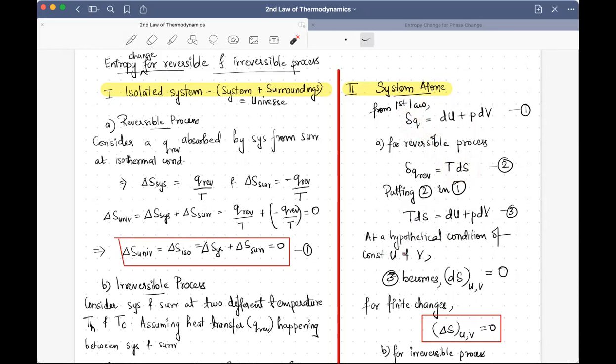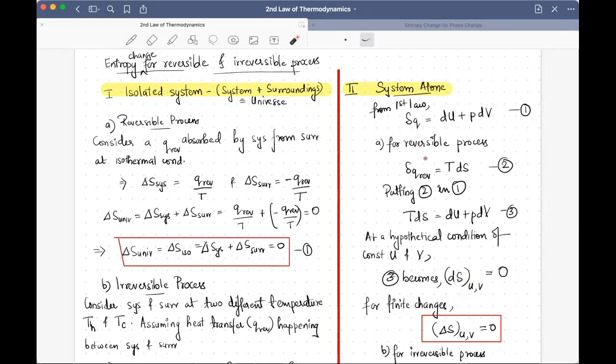And now, if we consider a hypothetical situation where you have the internal energy and volume constant, in that case, these terms would come out to be 0. And therefore, this equation 3 will reduce to dS. Only the dS term would be left. So dS, where the subscripts imply that internal energy and volume are constant, would be equal to 0.